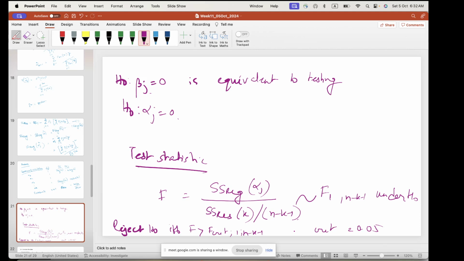So this is how we should test for beta j equal to 0.